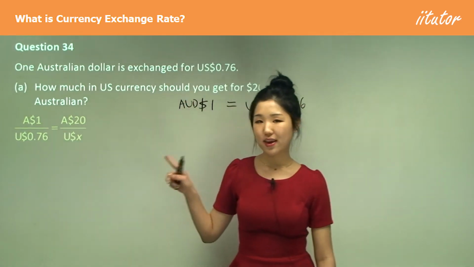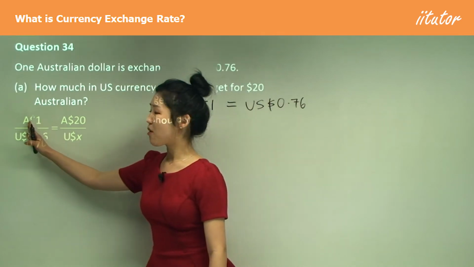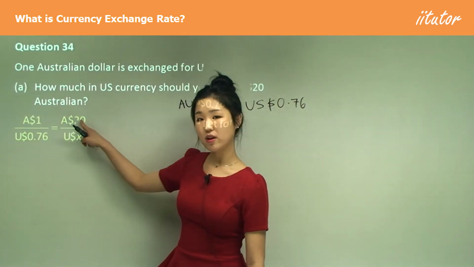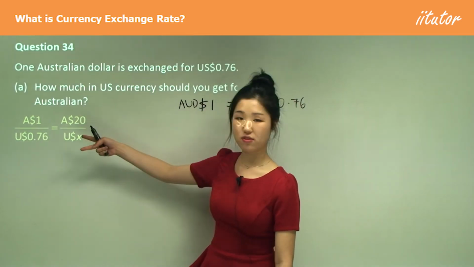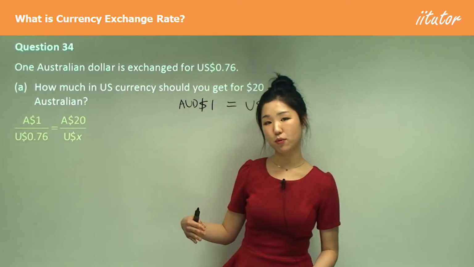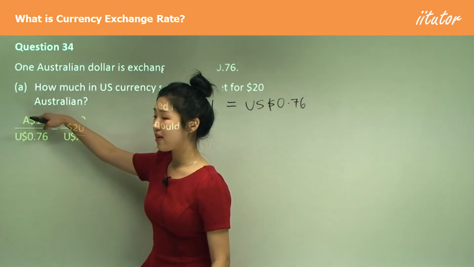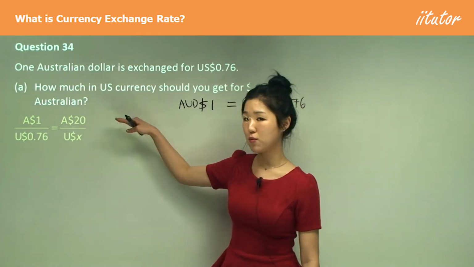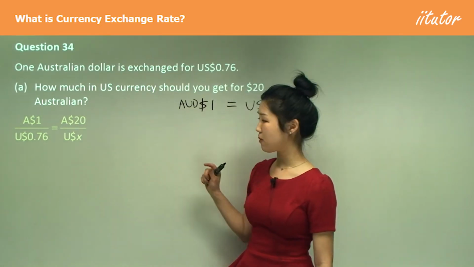Now the important thing here, guys, is that see how I put the Australian dollar on top? That means you've got to put the Australian $20 on the top as well. You can't switch this the other way around. Remember how I always say with ratios, the order is very important. So in this case, Australian to US, this one must also be Australian to US, not US to Australian. Okay, so make sure you keep your order right.